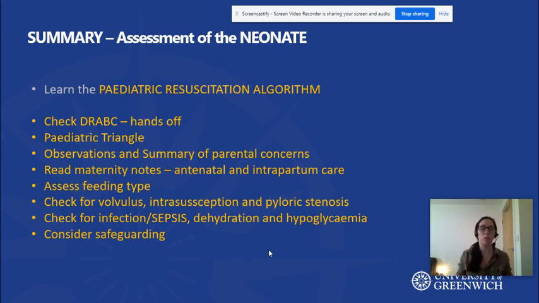So just a summary on your assessment of the neonate. The neonate is a baby that's up to 28 days old from birth. We know our newborn resuscitation algorithm. We're going to make sure that we know our neonate and our pediatric child resuscitation algorithm.